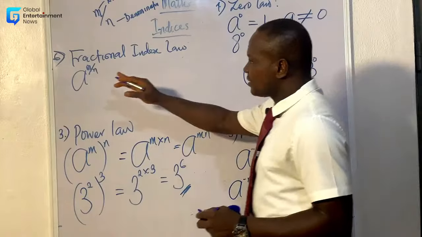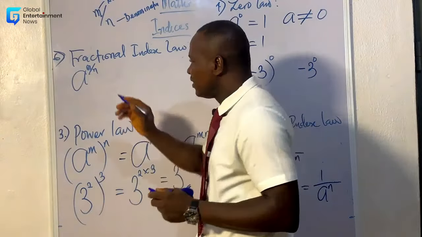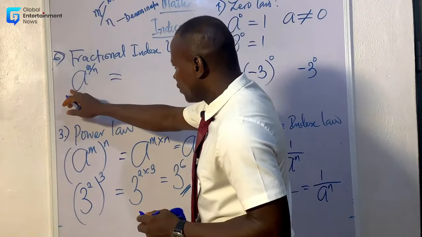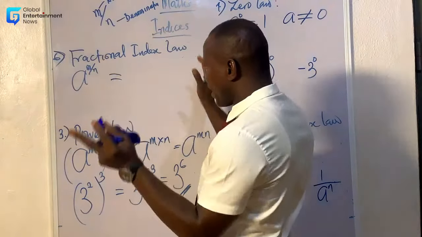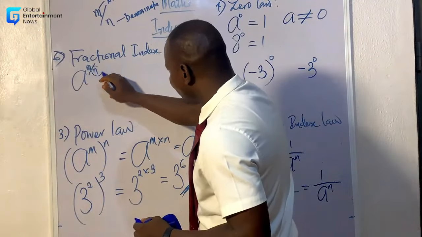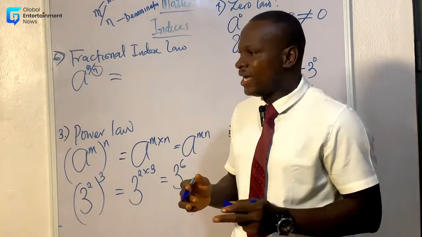So what this is telling us, what we're talking about with the fractional index law, is the n root of a, all bracket m. For the n root of a, you will use the denominator to root your base number.